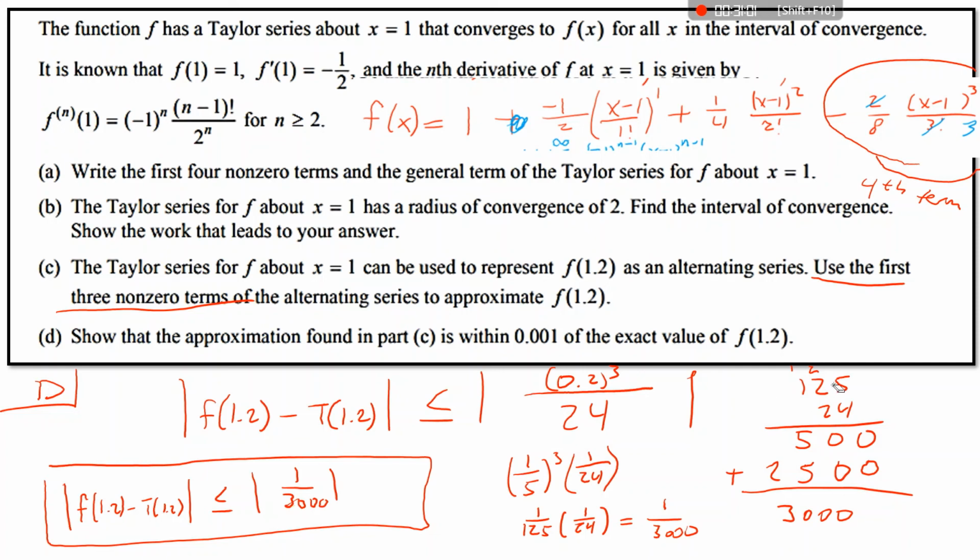Okay, I'm going to erase our multiplication over here on the side. To say that 1 over 3,000 is less than 0.001.